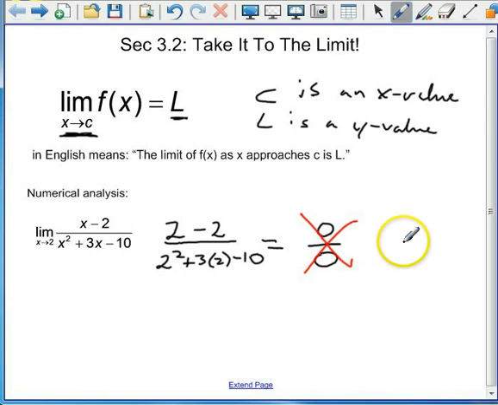And approach is the word. We're interested not in what f of x equals when x equals c, but what f of x equals when x gets close to c. So let's try a number really close to 2, like 1.99.